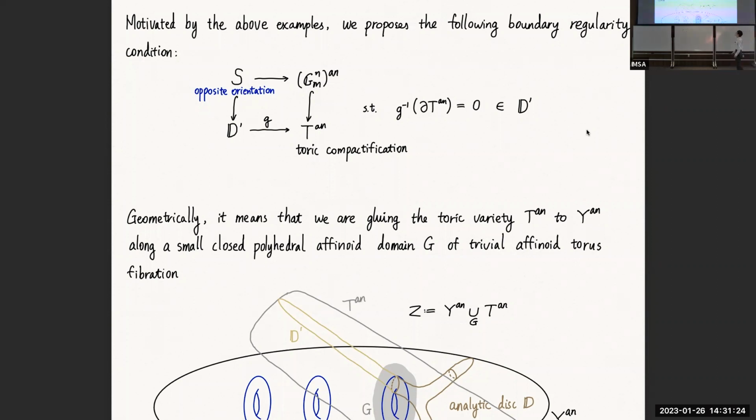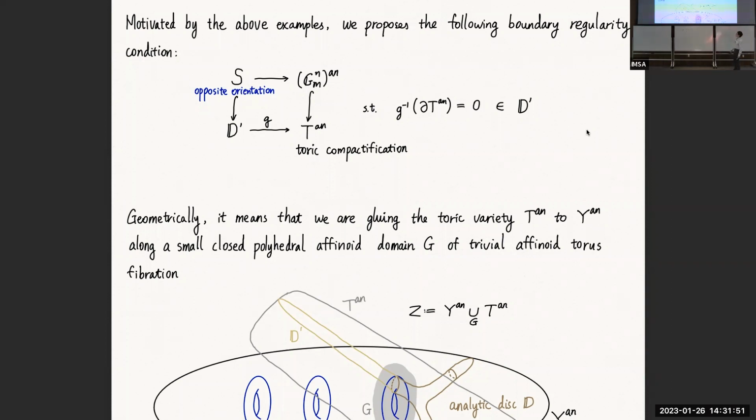Following these trivial examples, we make an extra boundary regularity condition in order to get a nicer moduli space. So it's really this boundary condition that's important for these curves.